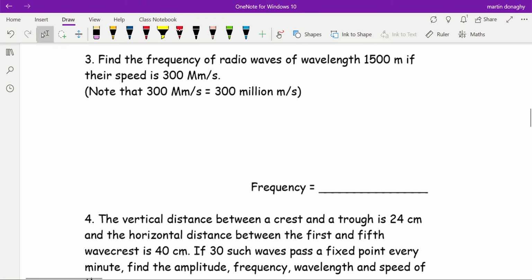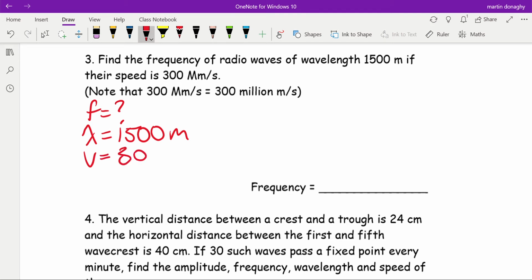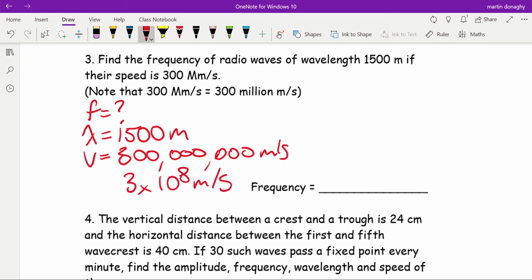Question 3, find the frequency of radio waves of wavelength 1,500 meters if their speed, and this is the speed of light, is 300 megameters per second, or 300 million meters per second. Now you can write that, and your calculator might come up with this as 3 times 10 to the 8 meters per second, but we can write it out in full.